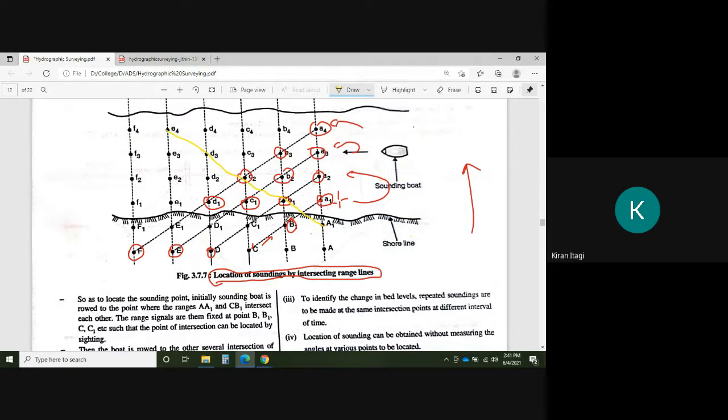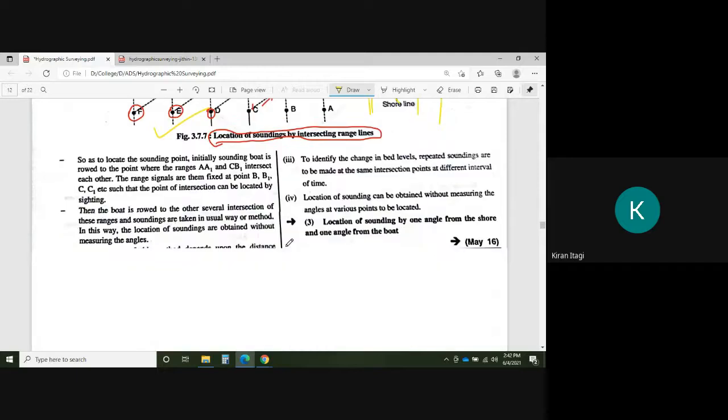The procedure goes on repeating the same things. Here we should have some lines, here also we will have some lines, and we will join them like this. This is how the locating of soundings by intersecting ranging lines is done.